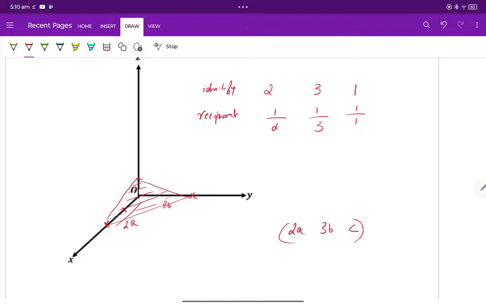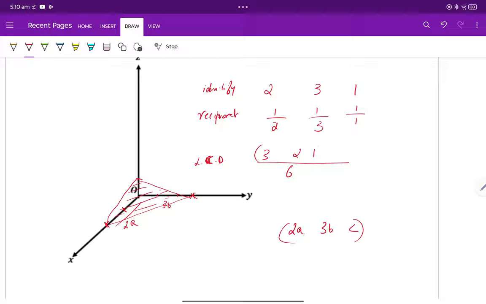Now you have to check the least common denominator. Since this is 2 and 3, your least common denominator will be 6. So 2 will go 3 times in the 6, 3 will go 2 times, and 1 will go 6 times.